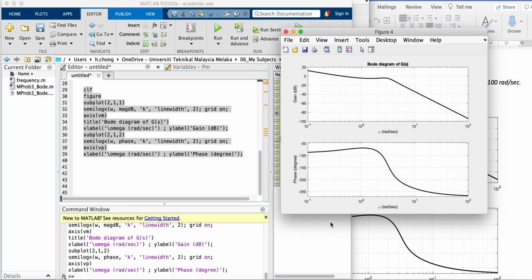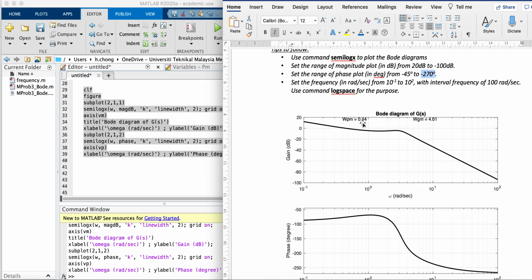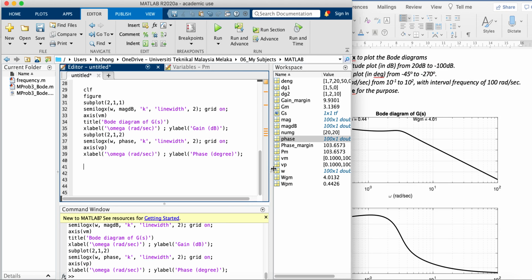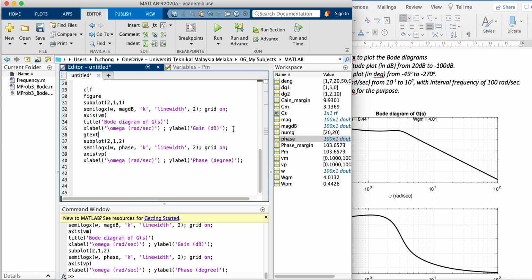Well, what we have done so far, but if you look here, we don't have the omega values on the graph. Just now we calculated the values, and now we want to put them on our graph. What can I do? You can try to use this command, gtext. I think everybody knows how to use this.